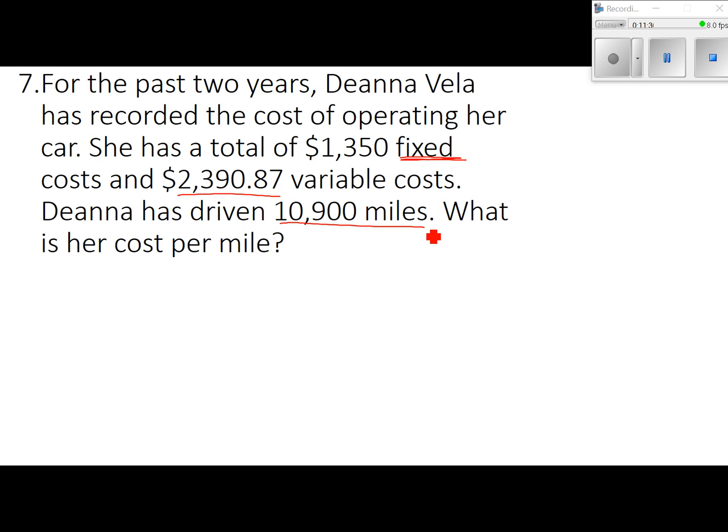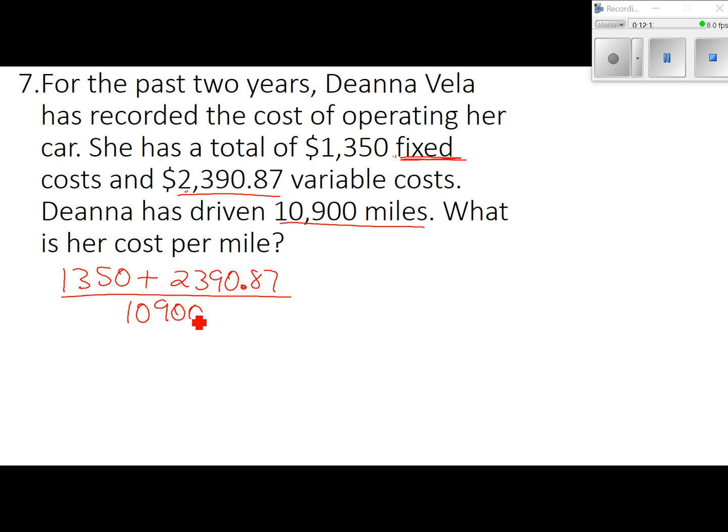All we're going to do on this is use the other formula, and add up the fixed cost and the variable cost. So 1,350 plus 2,390.87, and we're going to divide that by how many miles she has driven, 10,900.